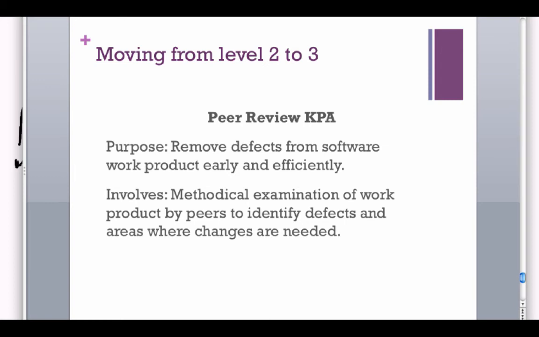Now this is a relatively expensive thing to do, to get 5 or 6 people in a room together, and we literally will go line for line over either a document or a set of code, and we'll just look for defects. And if somebody sees a defect, they'll say, I have a problem with this line here, and we might have a discussion about it.